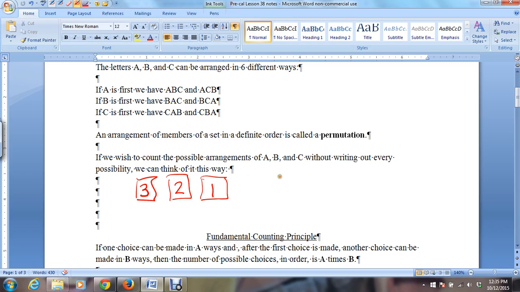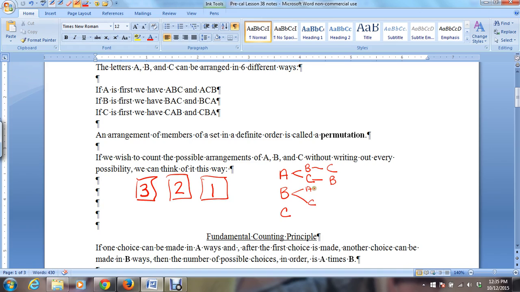So if we chose A for the first choice, then our 2 choices for the second choice would be B and C. And then if I pick B second, I can pick C last. If I pick C for the second choice, I can pick B last. If I pick B first, I can pick A or C second.